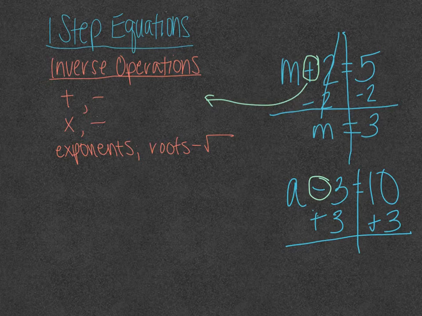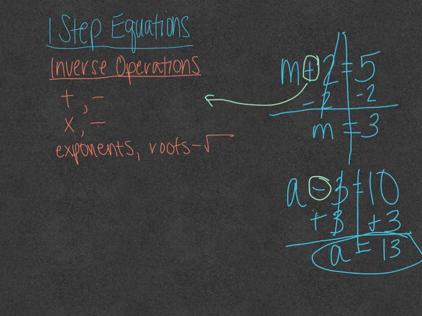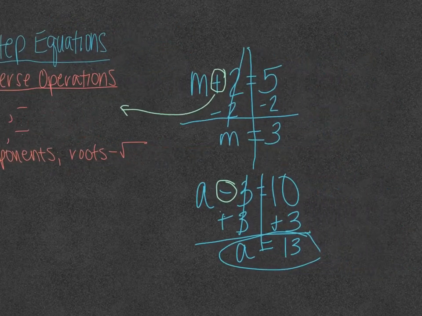Negative 3 or subtracting 3 and positive 3 equals 0. So we have just a. And then 10 plus 3 is 13. So a equals 13.